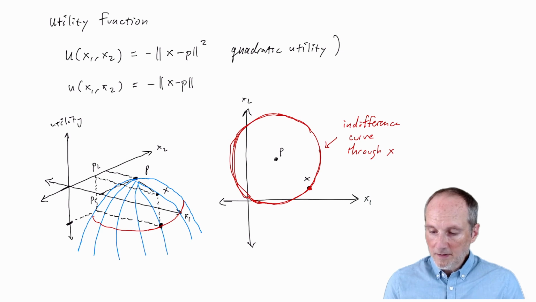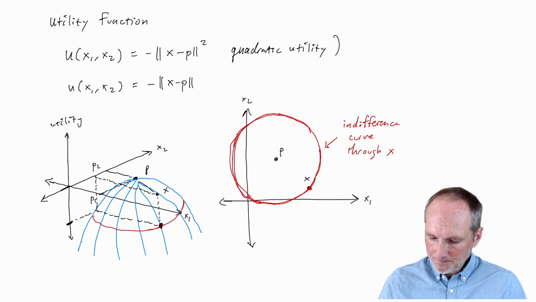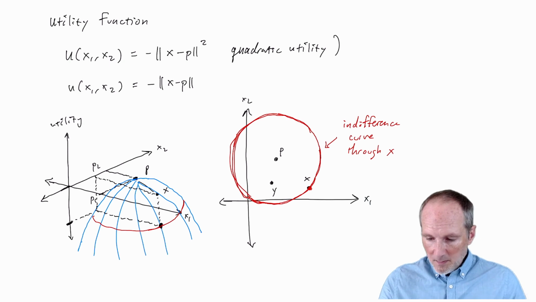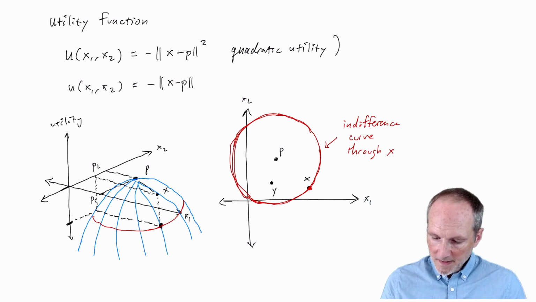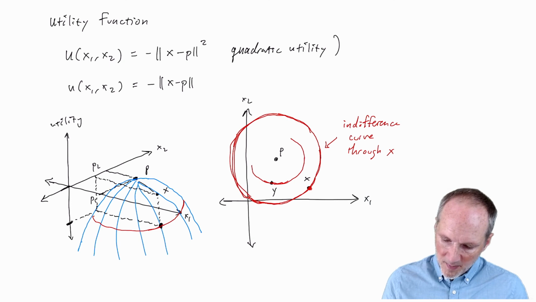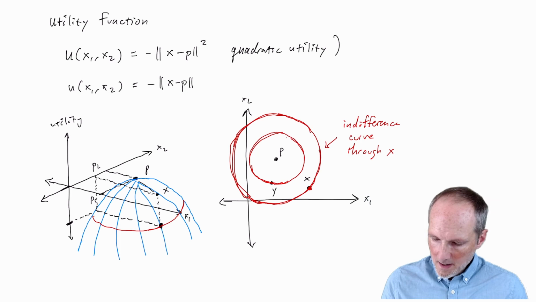If we picked a different policy, like a y, here I'm picking a y that's closer, so that's going to be better. We could do the same exercise, and we would then look at the indifference curve through y, and that would be a circle, again centered at P, but now has a smaller radius. Circles are not doing well.